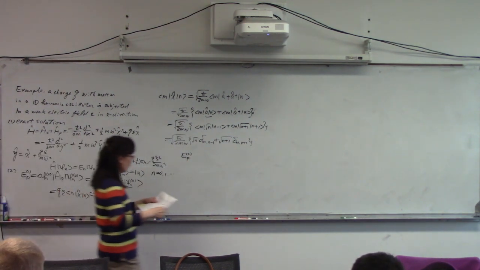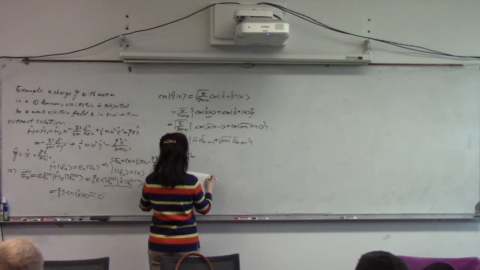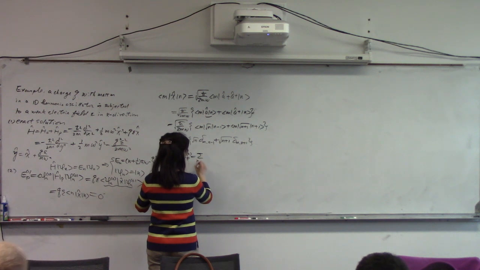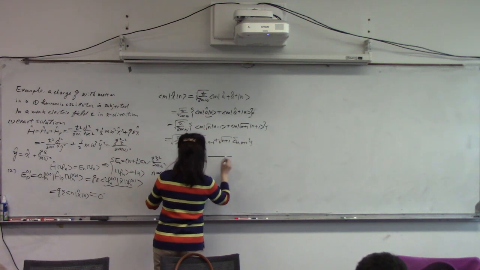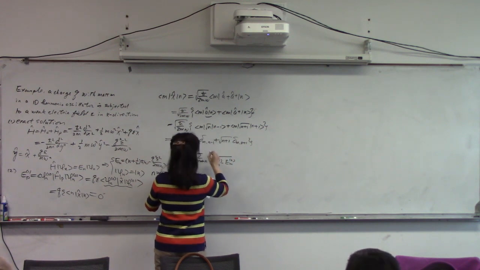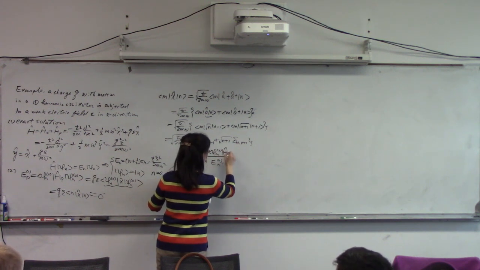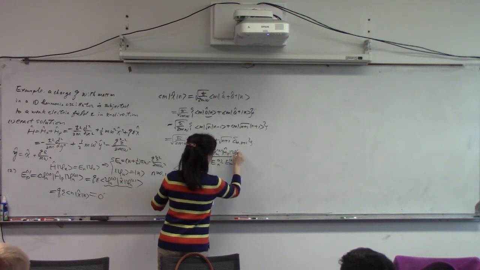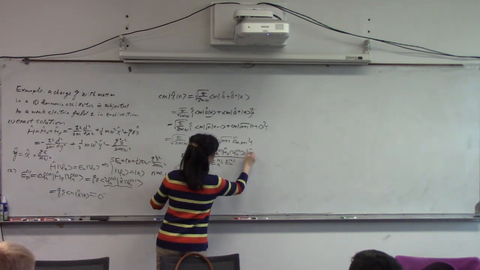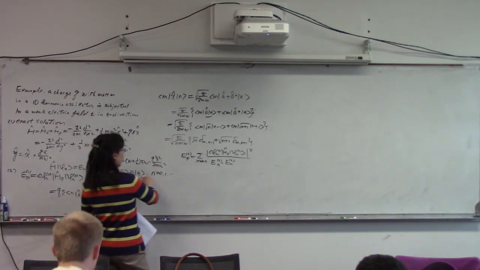So second order, if you remember, the formula is the sum over m not equal to n, of the square of the matrix element of H_P between the two states, divided by the energy difference. That is the general formula. So now we are going to apply it to this case.